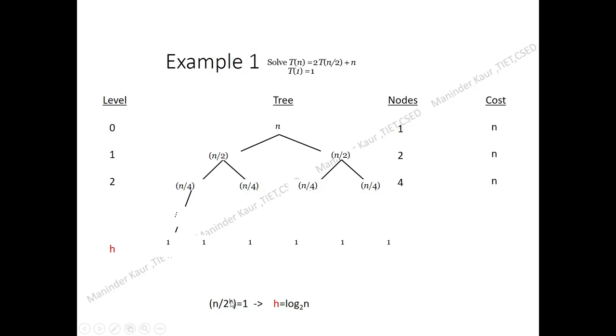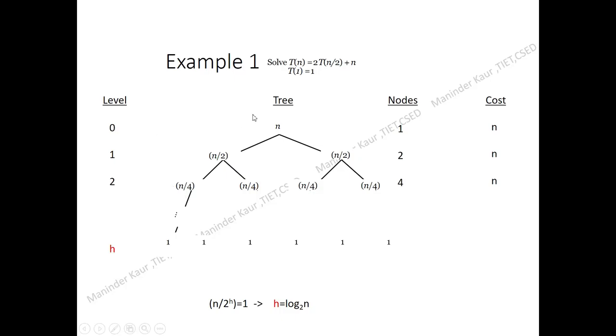N divided by 2 to the power h is equal to 1 in this case. That means T(1) is nothing but the expansion n divided by 2 to the power h. Then you keep on representing n/2, n/4, up to n divided by 2 to the power h, in general terms in the form of levels.